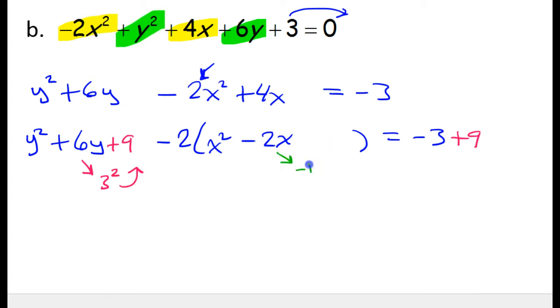Half of this is negative 1. Negative 1 squared is positive 1. Instead of adding a positive 1 on the other side to balance this out, I'm going to realize that I really have negative 2 times 1. So this is really negative 2. So that's why I'm going to subtract 2 on the other side to balance this out.